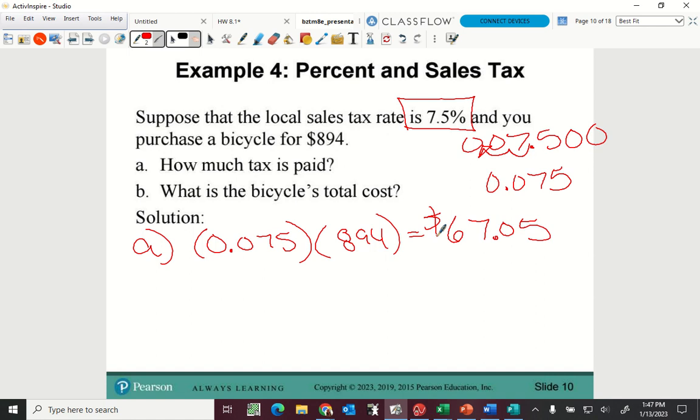So for part B, I'm going to take my 67.05, add that to my 894. Yes, add it.